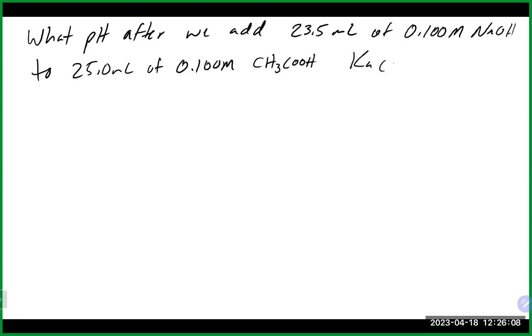The Ka value for acetic acid is 1.8 times 10 to the minus 5. All right, give it a go, see what you come up with. I'll do it as well. Okay, let's take a look and see.